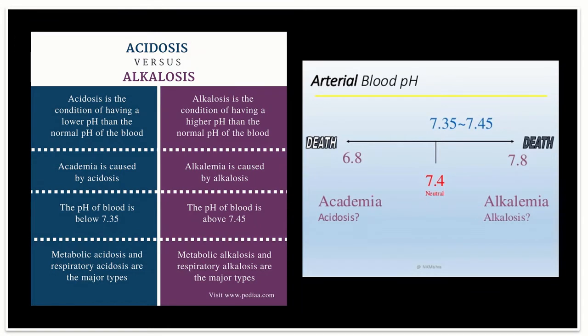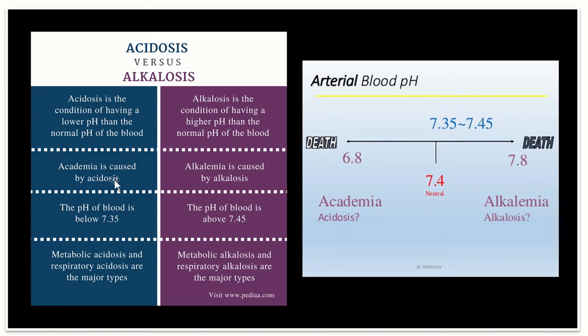All right, so just a table which compares both acidosis and alkalosis. So acidosis is a condition of having a lower pH than the normal pH of the blood. So once the pH is lower than 7.4, you have acidosis, while alkalosis is a condition of having a higher pH than the normal pH of the blood. So greater than 7.4, and we have alkalosis.